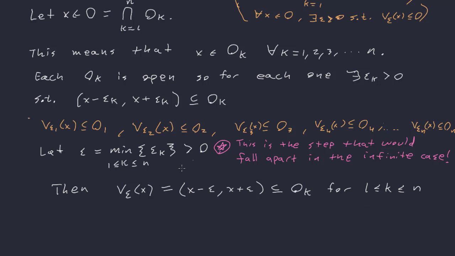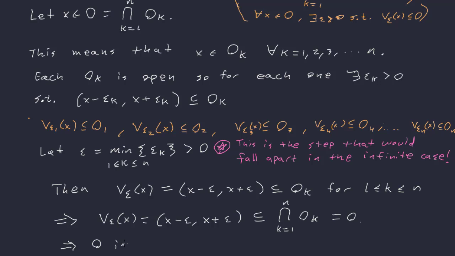Since this is contained in every single O sub k, this implies that v sub epsilon, the open interval x minus epsilon to x plus epsilon, is contained in the intersection, which is our O, and that's it. We took an arbitrary x in our O and showed that there's an epsilon neighborhood around x in our O. This implies that O is open.